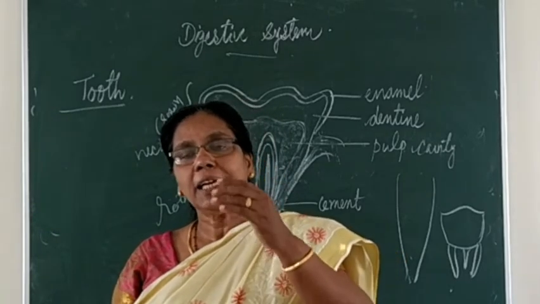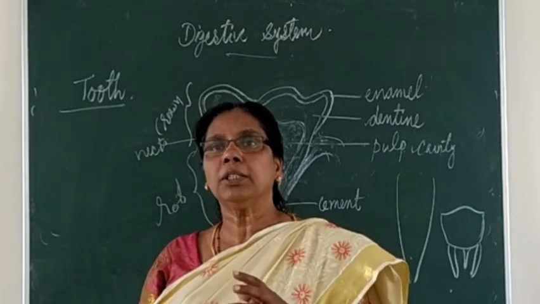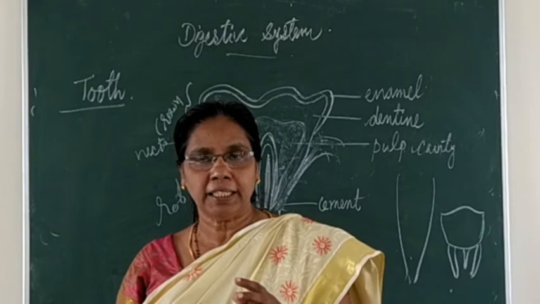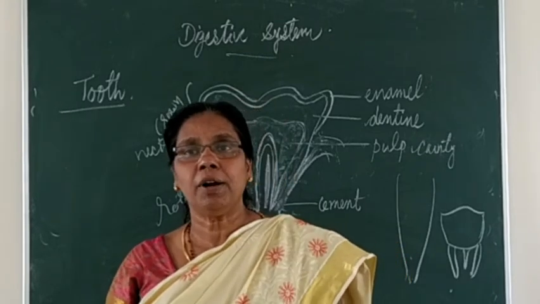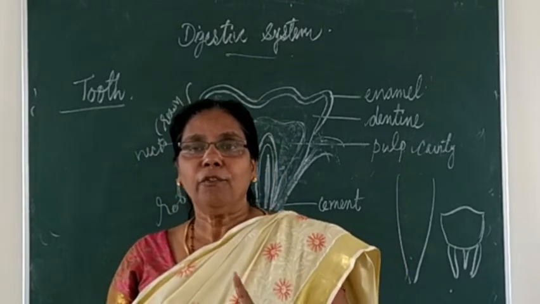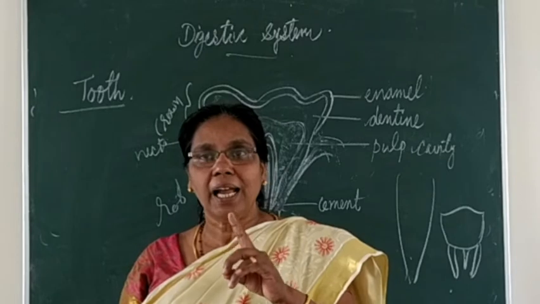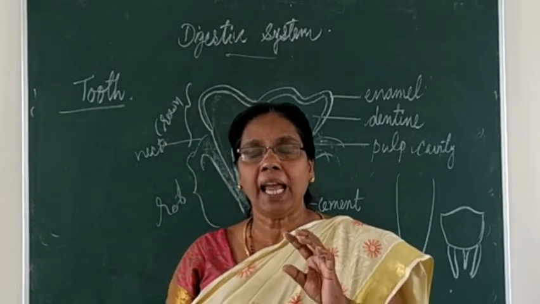So we can say that the process of digestion starts in the mouth itself. So what does saliva digest? Yes, saliva digests starch with the help of an enzyme called salivary amylase or ptyalin.